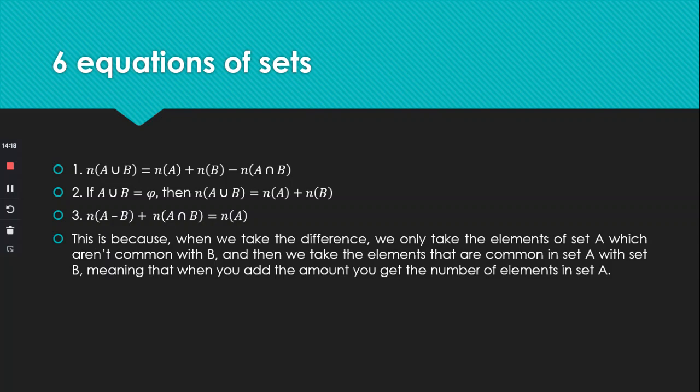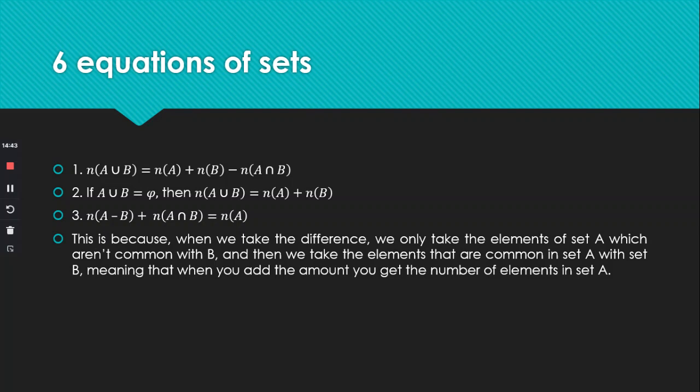Now with these types, there's actually a type for equation 1. You can directly find the formula without asking for it, because it depends on here. Like here you have n(A union B) is equal to n(A) plus n(B) minus n(A intersection B).